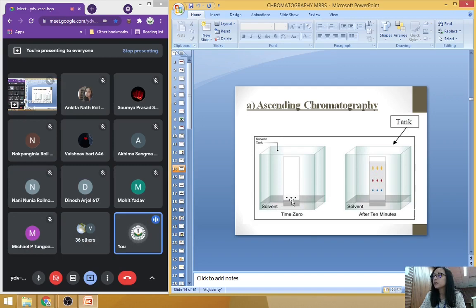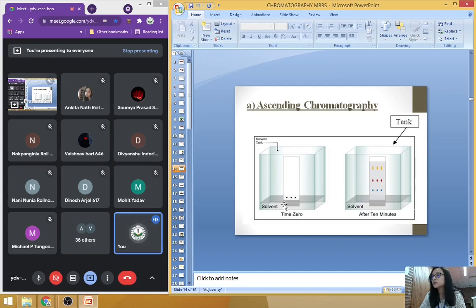Before we put the paper inside this tank, we have to mark the paper about 2 centimeters from the edge. We have to mark a line here with a pencil. We have to be careful in this experiment not to touch other places of the paper with our hands, because there will be some pigments or other materials on our fingers, and that will leave a mark when you stain it later.